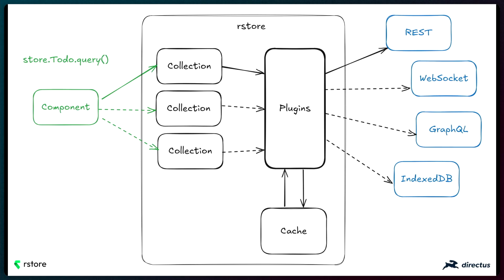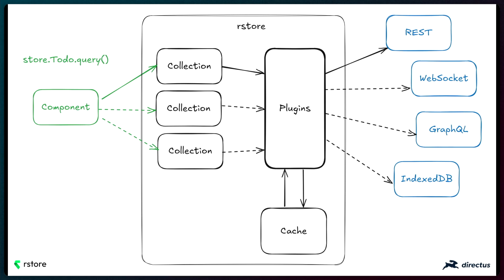So you can use any kind of way. It could be a REST API, it could be GraphQL, and everything could be sent through a WebSocket, for example. It doesn't really care about it.